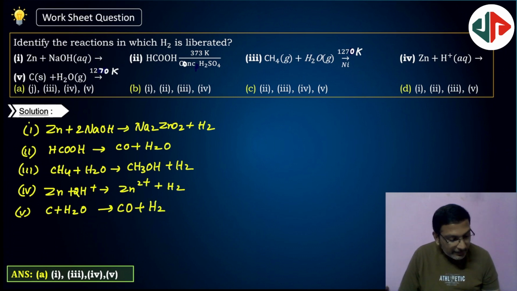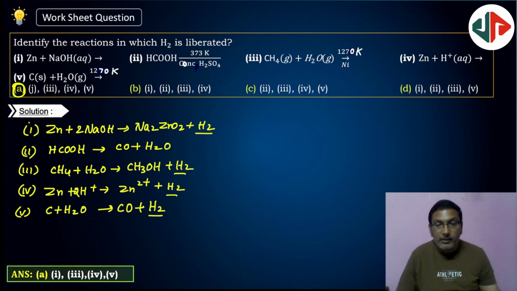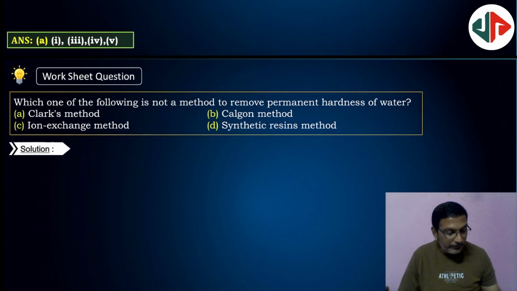So hydrogen will be released in 4 reactions: 1, 3, 4, 5. That means option A. Remember all these reactions, very important. Temperature is also important. Next.